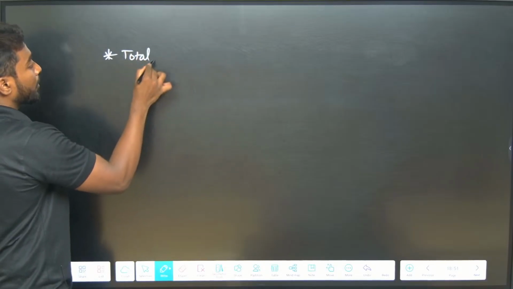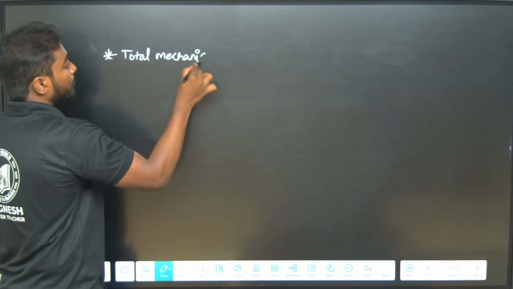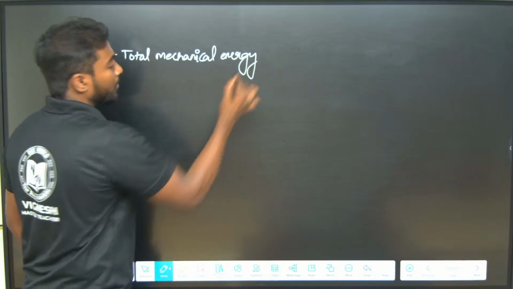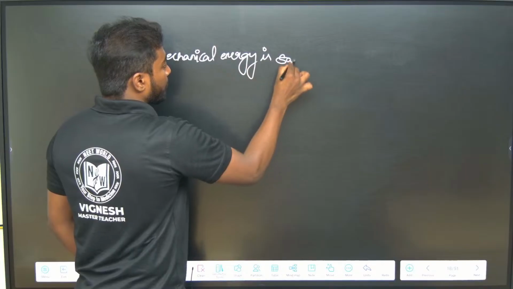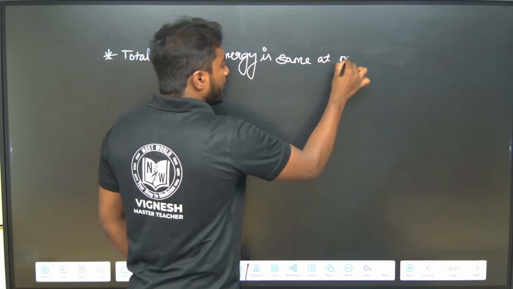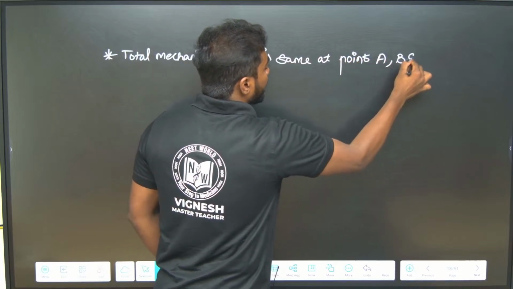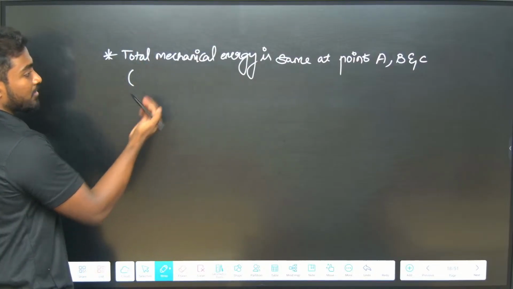Total mechanical energy is same at point A, B and C, which is mgh.